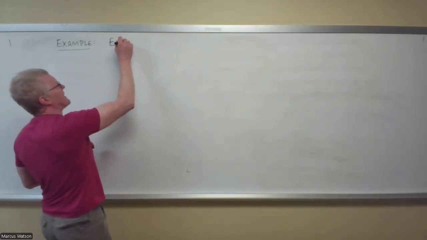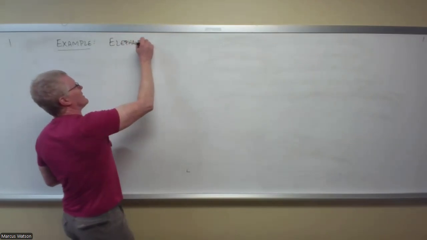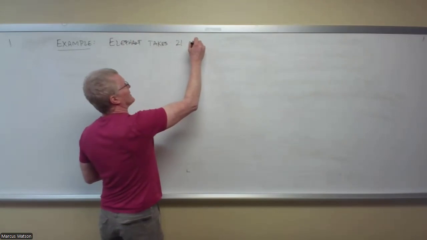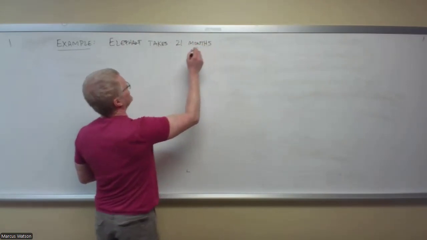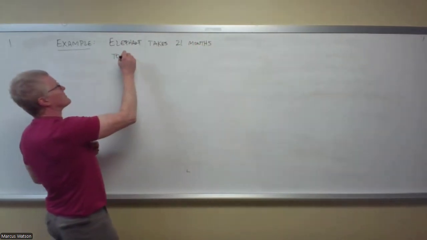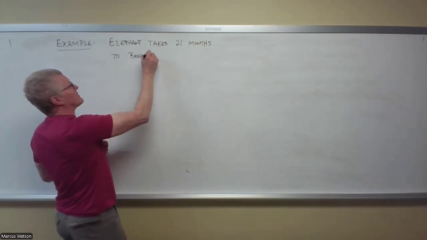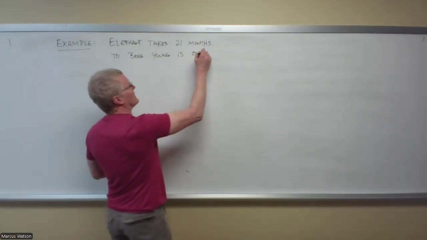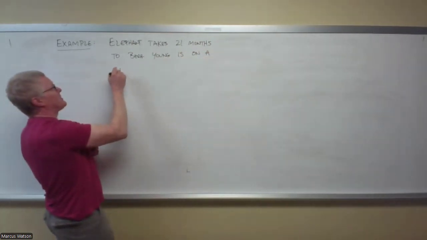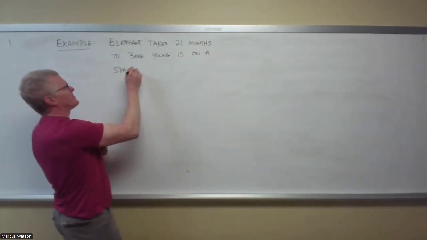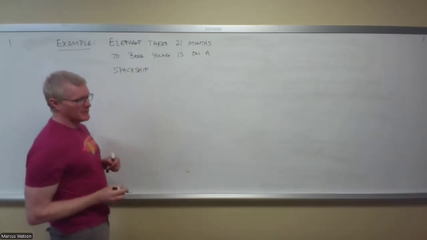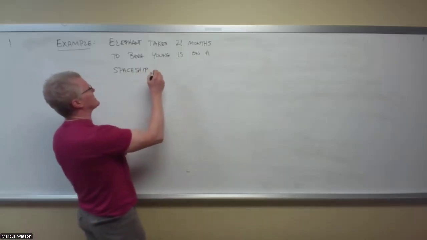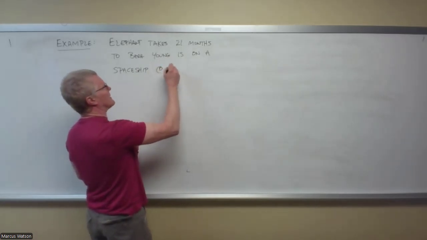So let's suppose that an elephant, which takes 21 months to have a baby, is on a spaceship, and let's suppose the spaceship is traveling at 0.8.